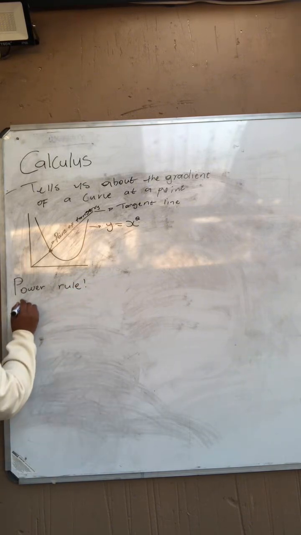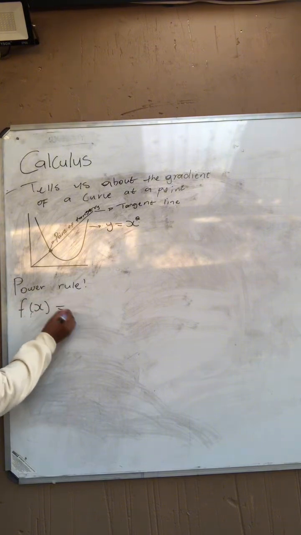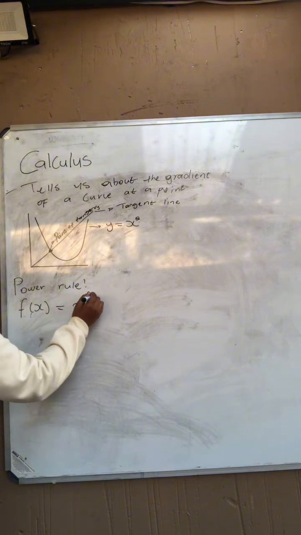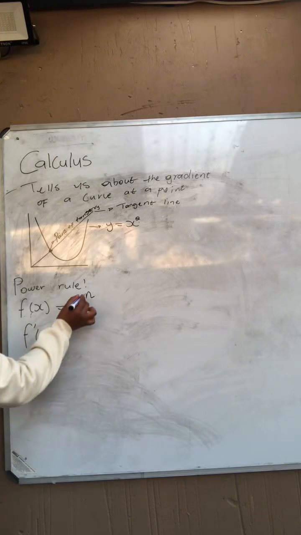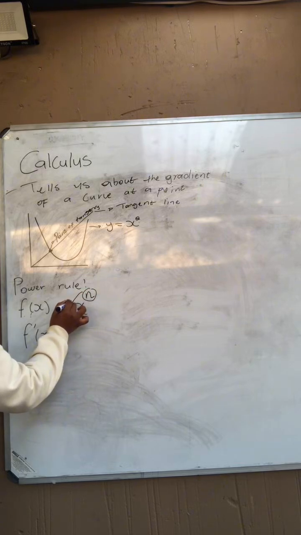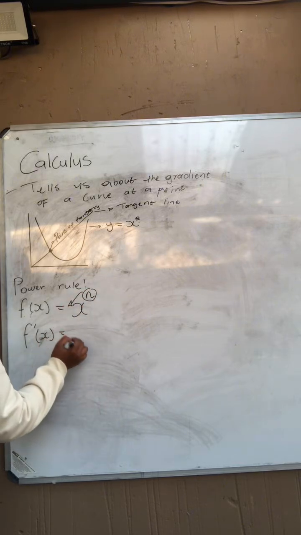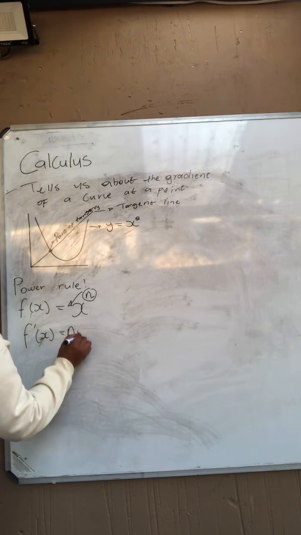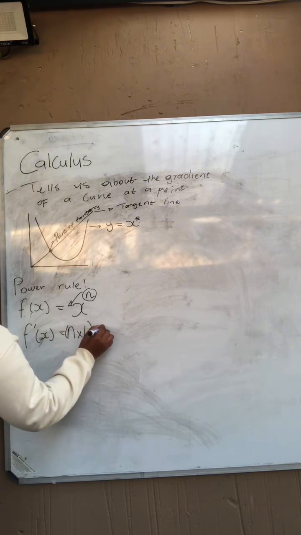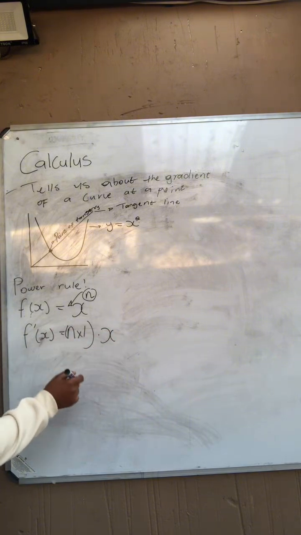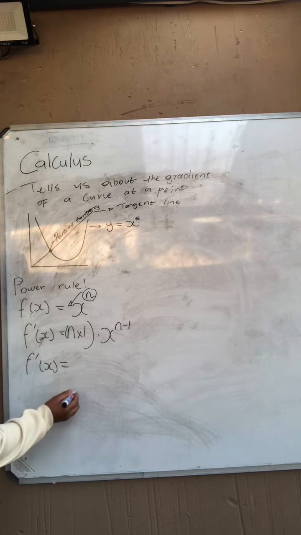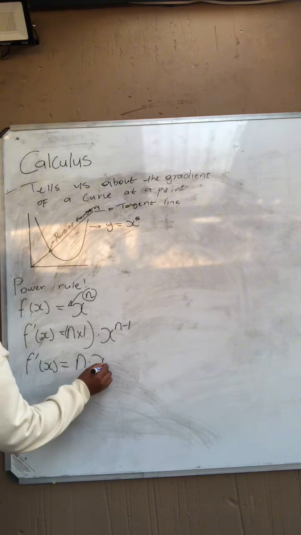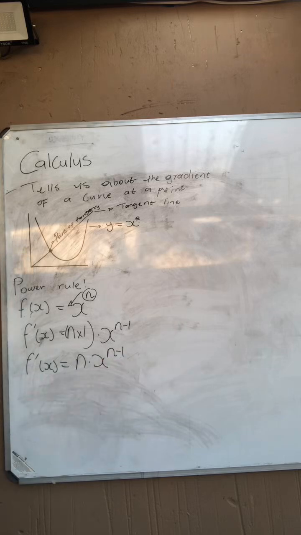It states that if we are given f of x equals x to the index n, then f prime of x is equal to n multiplied by x to the index n minus 1. We bring the index down and multiply it with the base, and we subtract 1 from the index.